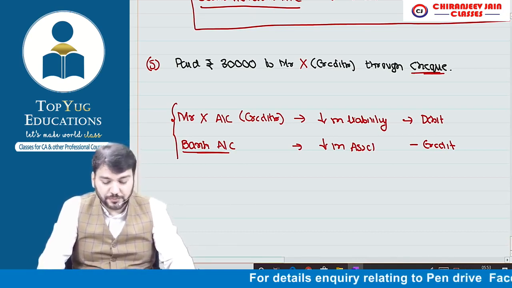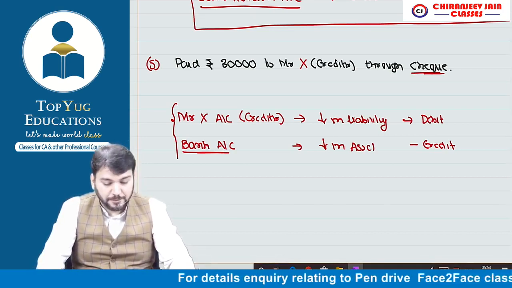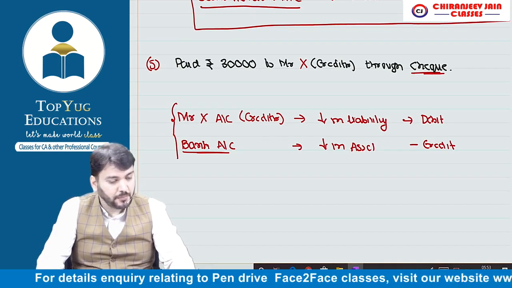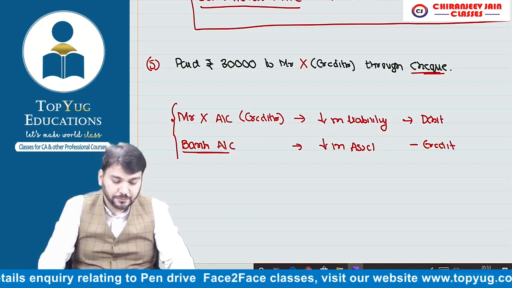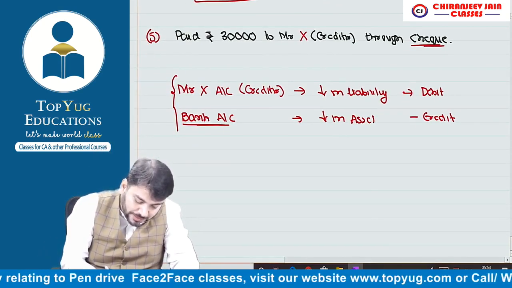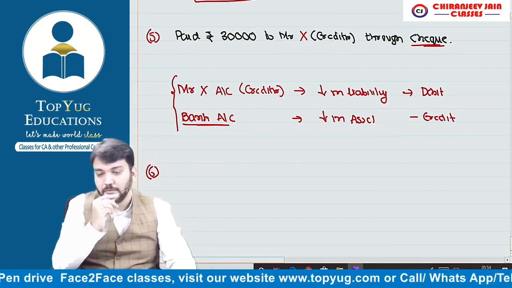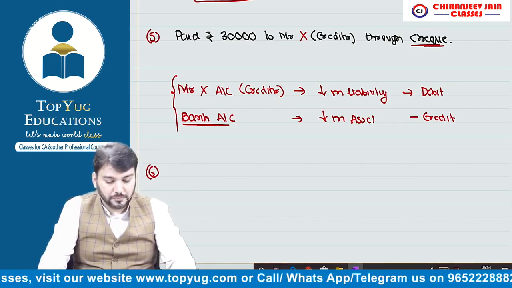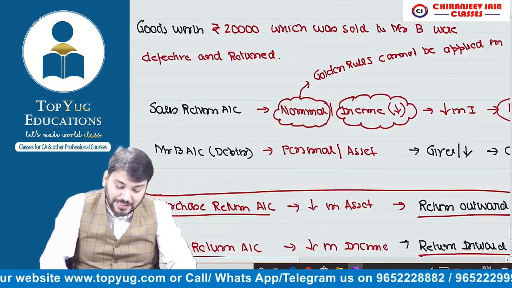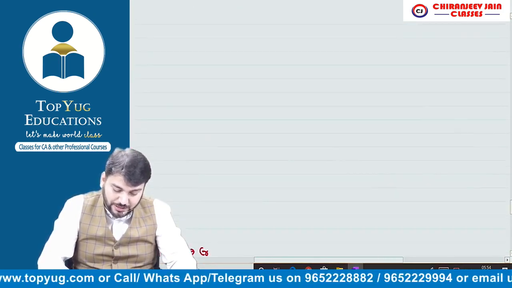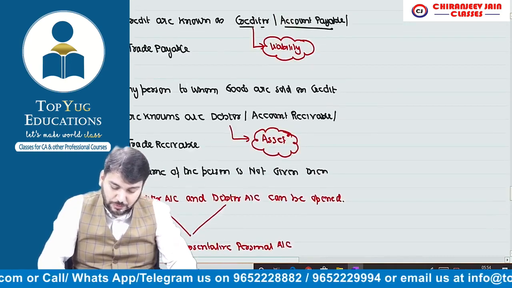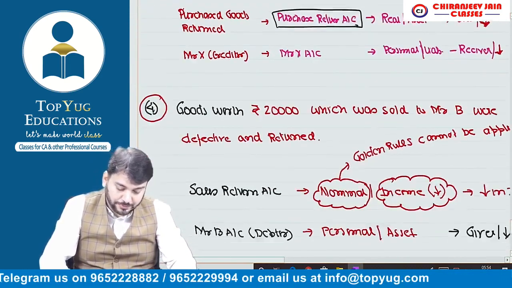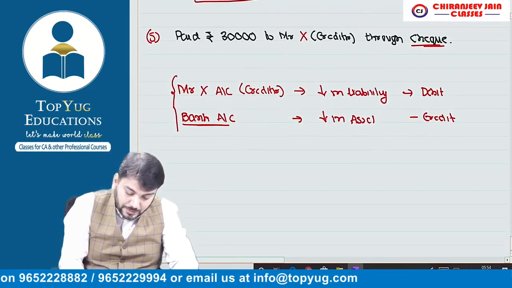Have you understood this? Yes, sir. Point number 6. What was the name of the debtor? Mr. B, right?